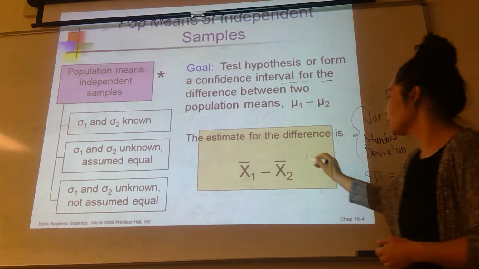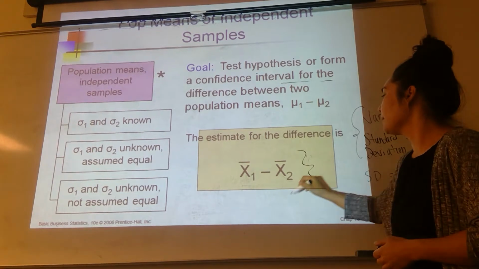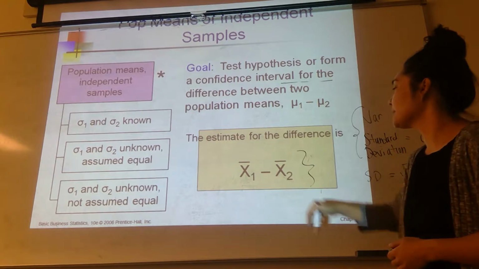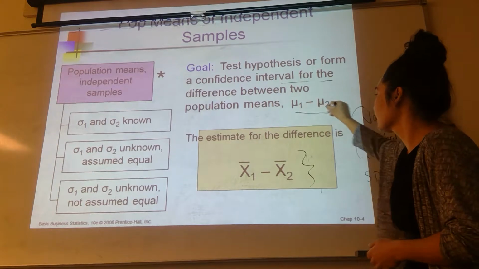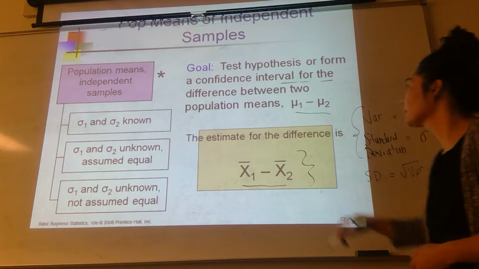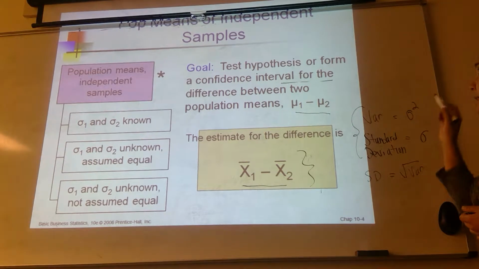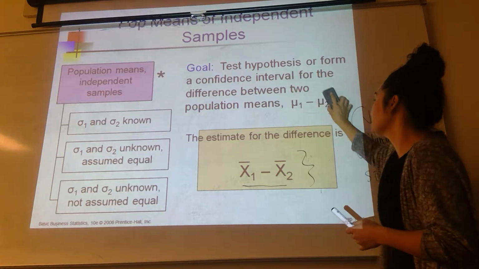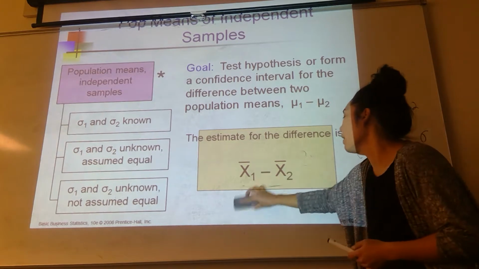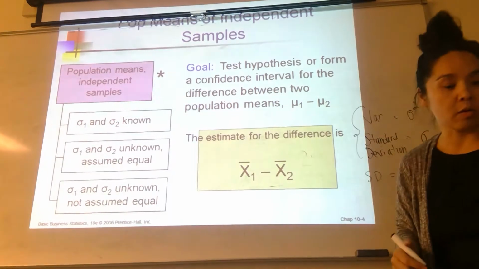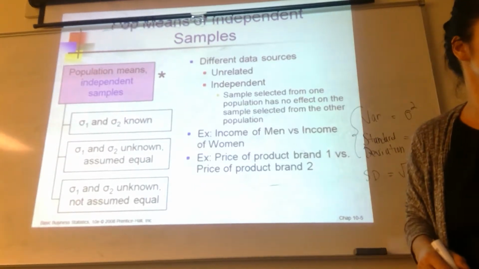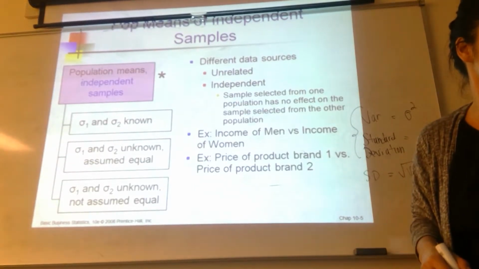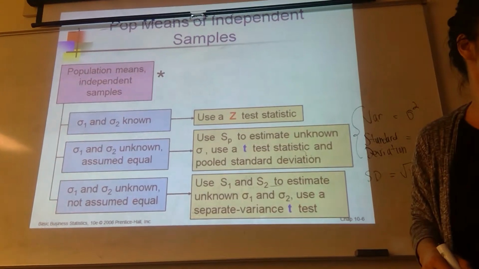Okay, and so notice we're going to be comparing the means here and comparing the sample means. So the goal of these tests is to test a hypothesis or form a confidence interval for the differences between the 2 population means. And so the key thing first in all of these is to develop your null hypothesis.